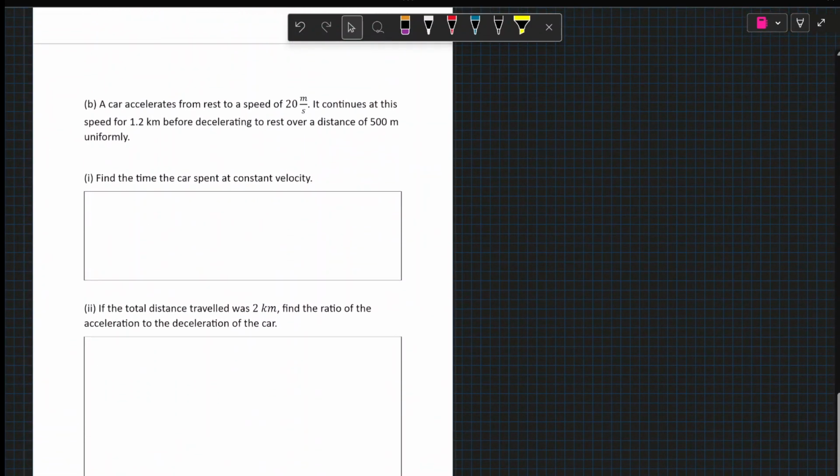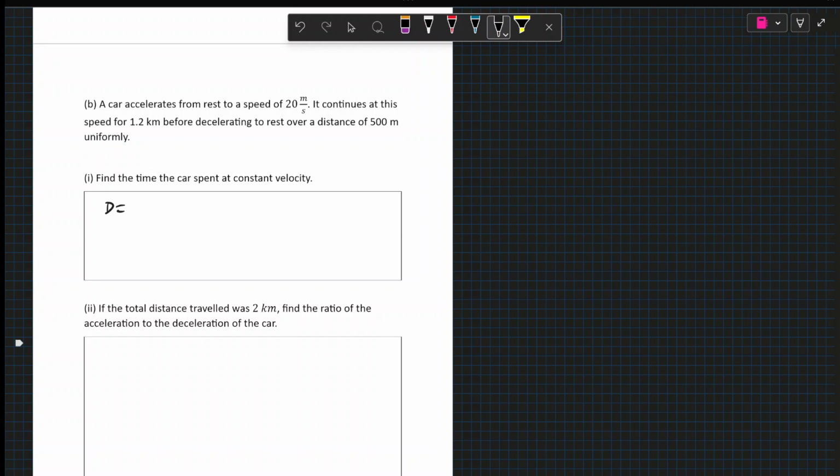Now, a bit of a breather here. A car accelerates from rest to a speed of 20, so even before anything, SUVAT. So from rest, speed 20. That's all we're told. Time spent at constant velocity. Okay, so we're going to save this for later. So 1.2 kilometers is the distance at constant speed.